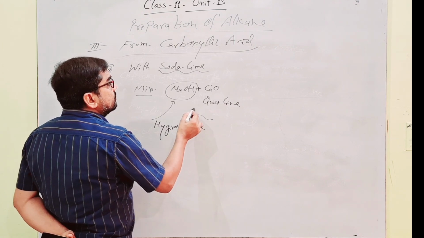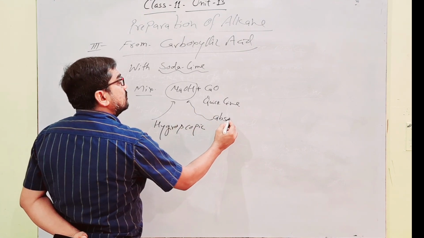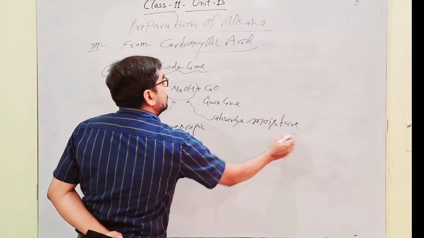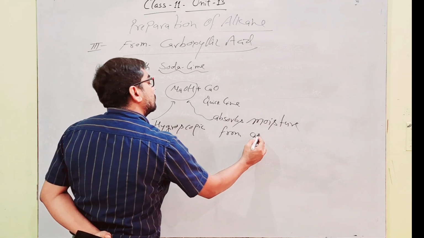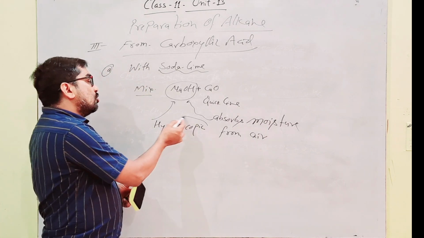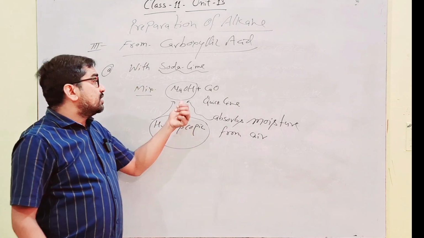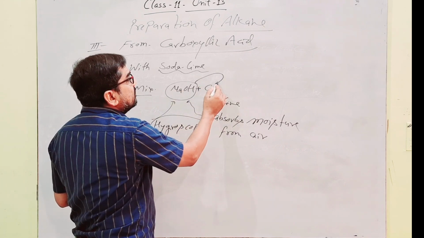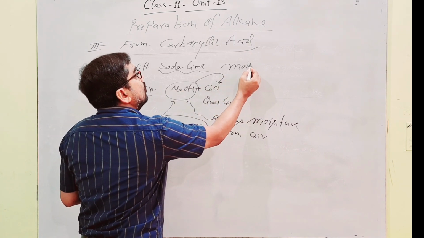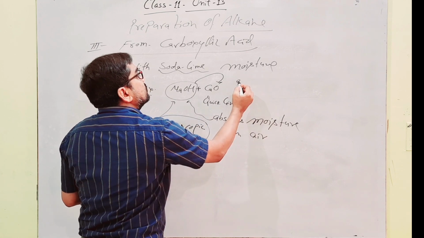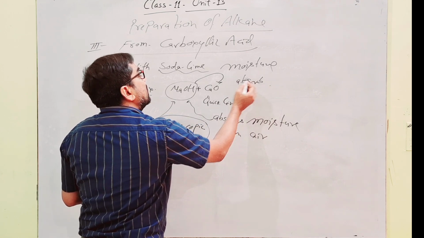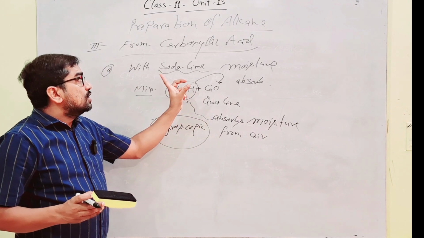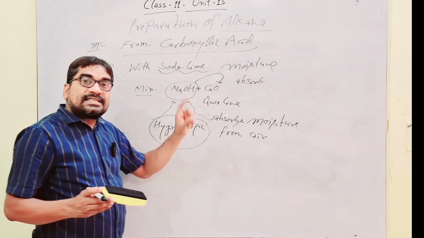NaOH is hygroscopic in nature and absorbs moisture from air. To dry it, quicklime CaO absorbs the moisture from NaOH. That's why CaO is used with NaOH, and this mixture is called soda lime, NaOH plus CaO.